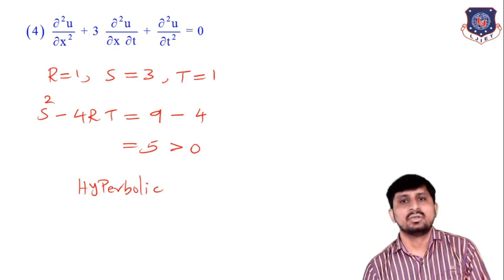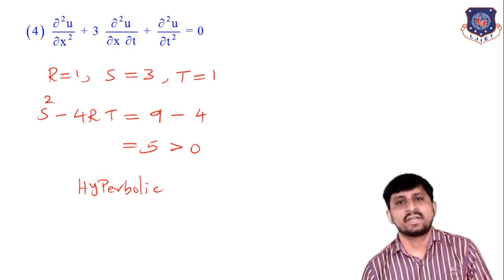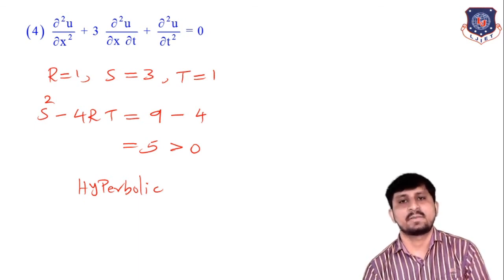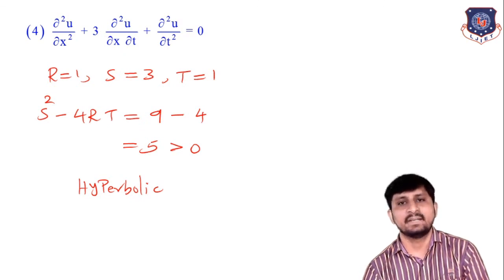Okay. So using this method, you can easily understand whether your second order partial differential equation is hyperbolic, parabolic or elliptic. So in today's lecture, we discussed how we can find the complementary function if your partial differential equation is not homogeneous. For that you have to remember all these formulas.